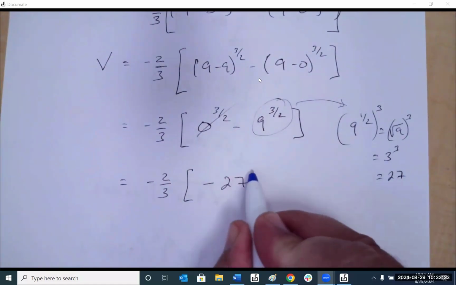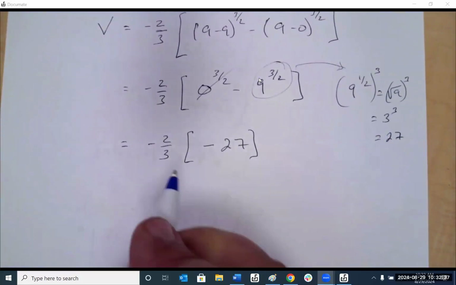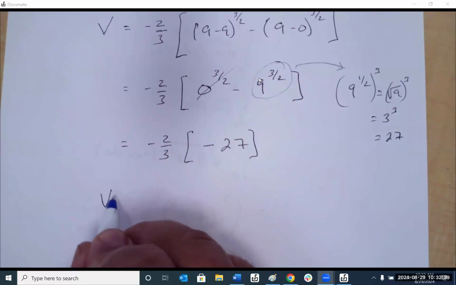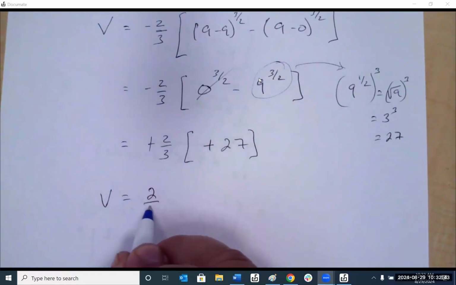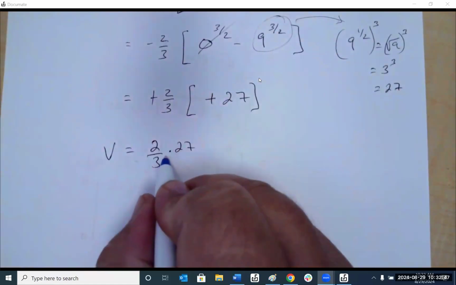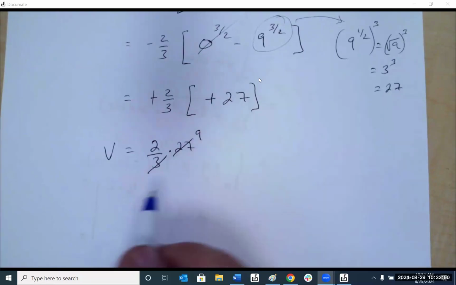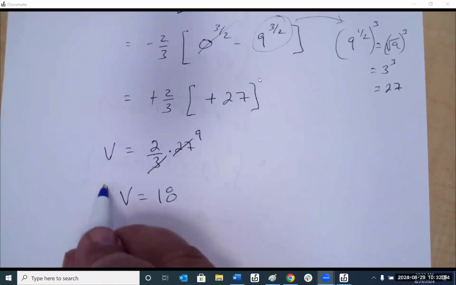So it's -27. Negative and negative cancel. So we have 2/3 times 27. The 3 and the 27 cancel. And 2 times 9 is 18.